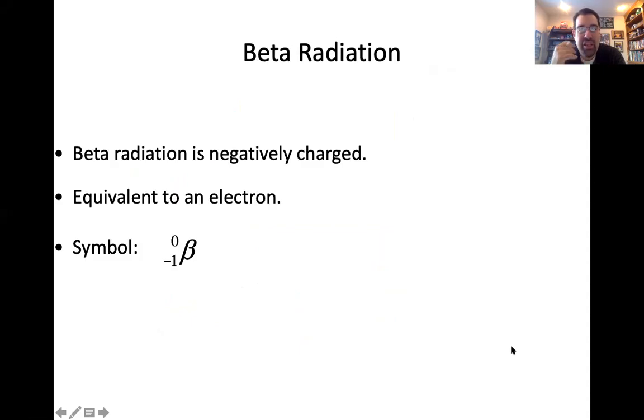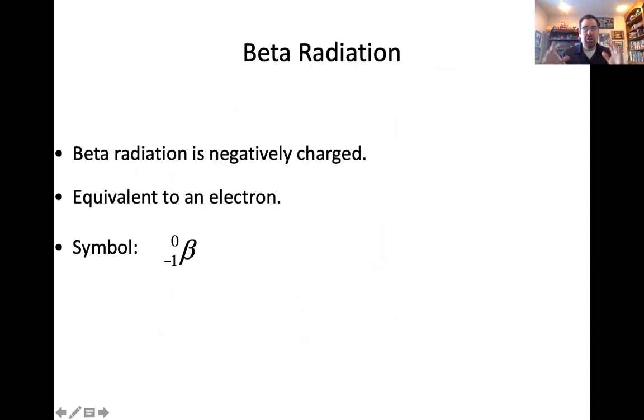All right. So the next type of radiation that we want to be familiar with is called beta radiation. So with beta radiation, it is a negatively charged particle, and it's equivalent to an electron. Okay, and so before we talk too much about that, something should not make sense out of that.